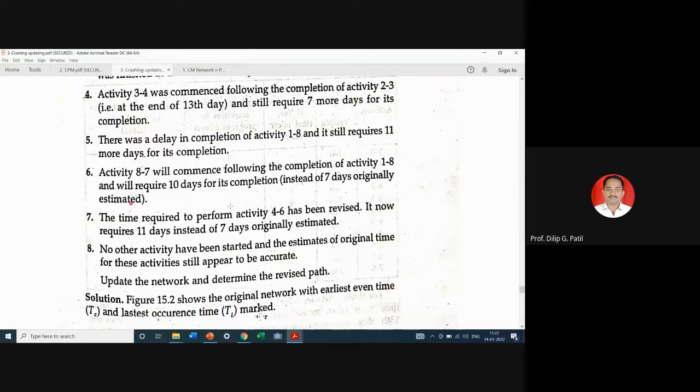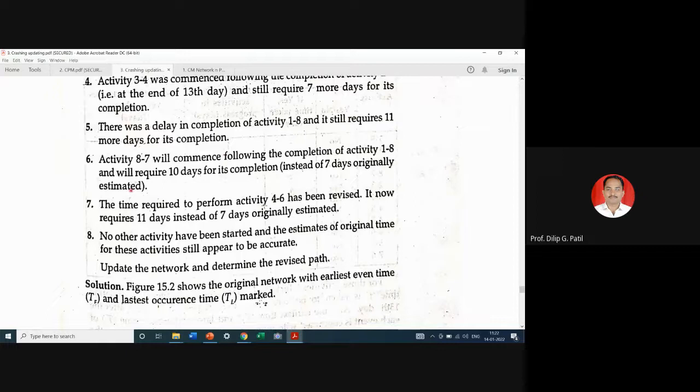The time required to perform activity 4-6 has been revised.